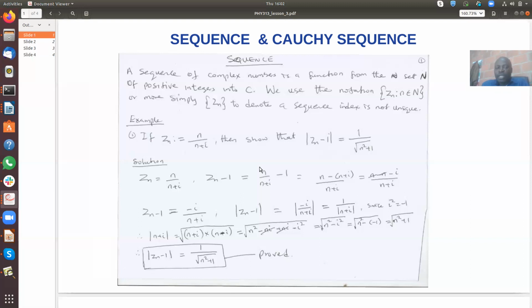So what I'm trying to say is that a sequence of complex numbers is just a function from a set of positive integers into another set.